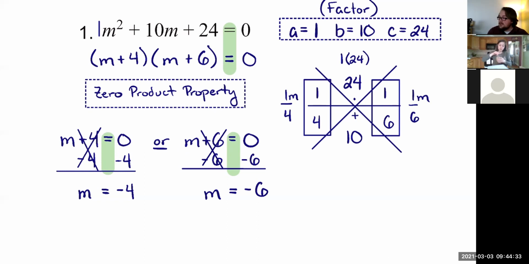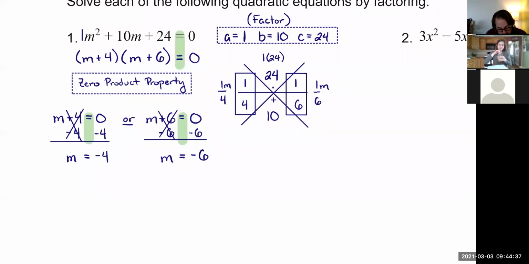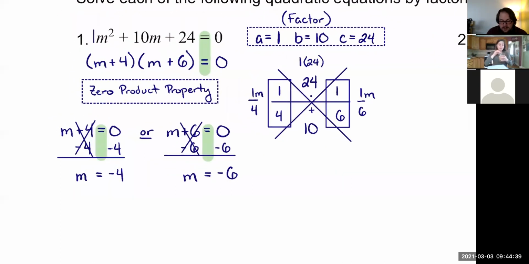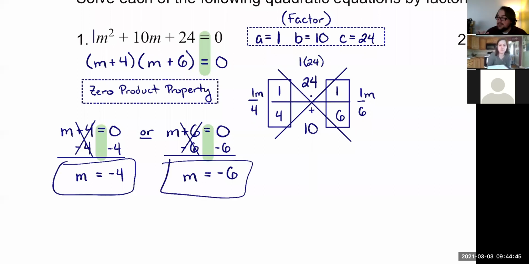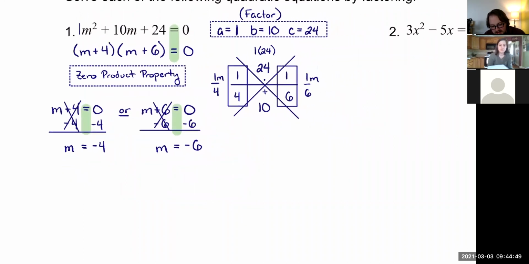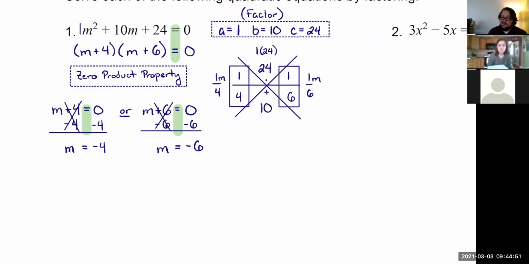We solved each of these little equations together. So what I end up with is 2 solutions. Now, depending on your comfort level, sometimes people freak out at this. If you want to just box these in and say, I'm done, that's fine. What you will see on the assignment today, and this is the technical way of writing it, is that anytime you have more than one solution, usually you write it as a set.